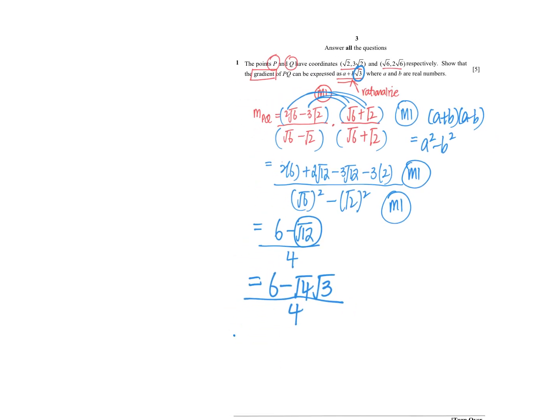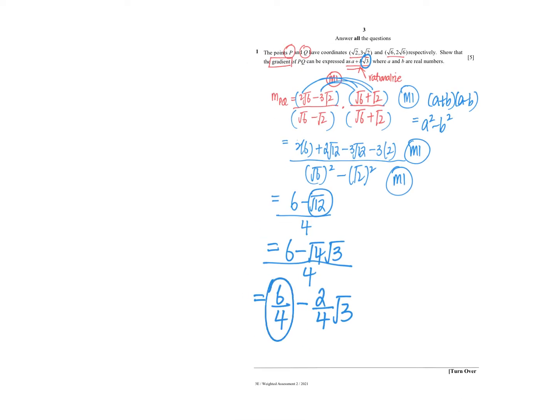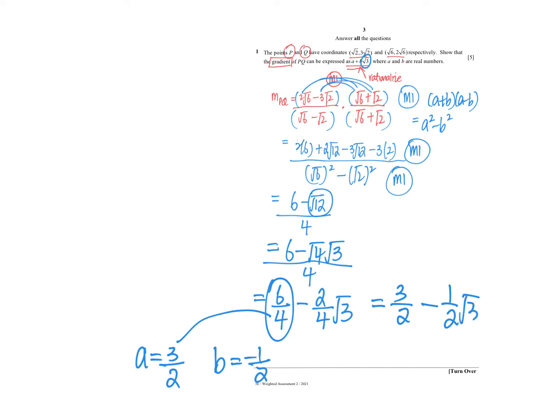So if you simplify, you get 6 over 4, 2 over 4, root 3. Split it back into 2 fractions. So if the question asks for A, you have to tell me A is 3 over 2, and B is minus half. So your answer is 3 over 2 minus half root 3.